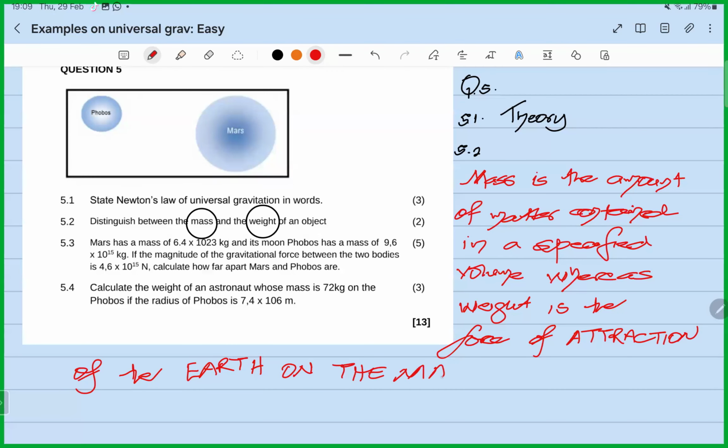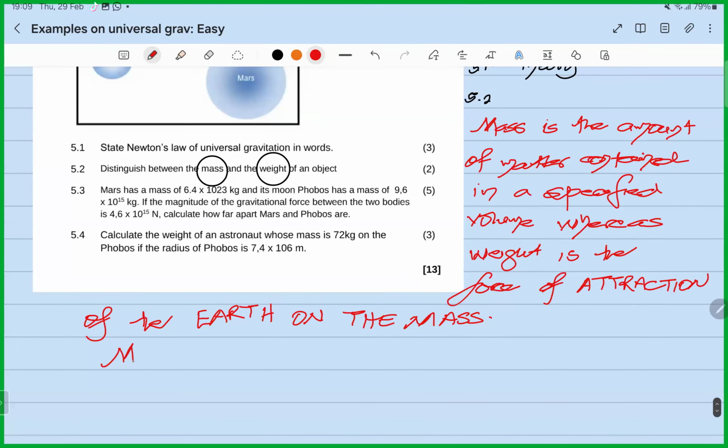And you can then obviously state what you stated at the end, that mass is actually a scalar, and therefore weight is actually a vector.